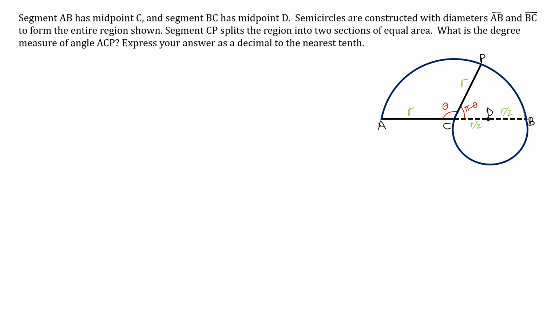The way I think we can do it is area of the sector ACP would be equal to the area of BCP plus the semicircle.